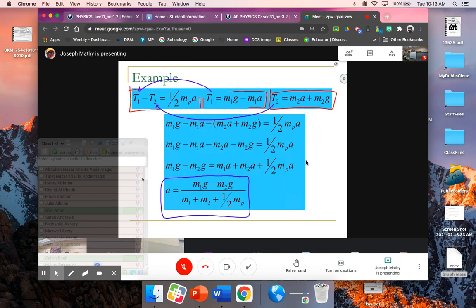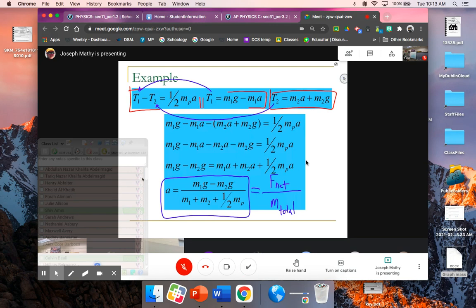But the mass of the pulley has a voice in the acceleration. And at the end of the day, ladies and gentlemen, we have proven nothing new.